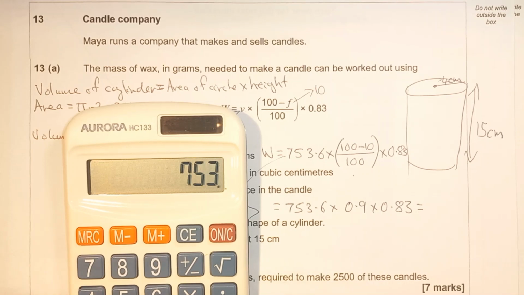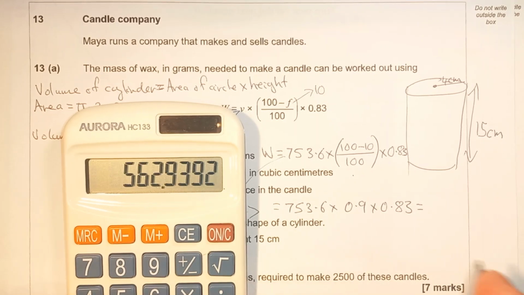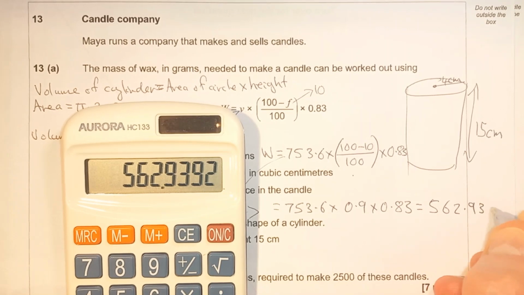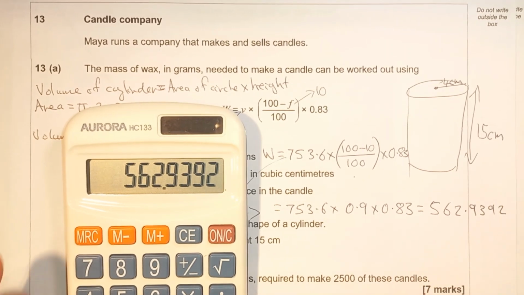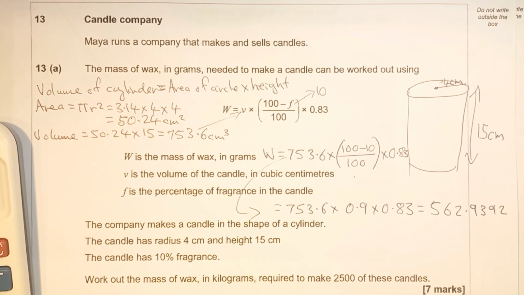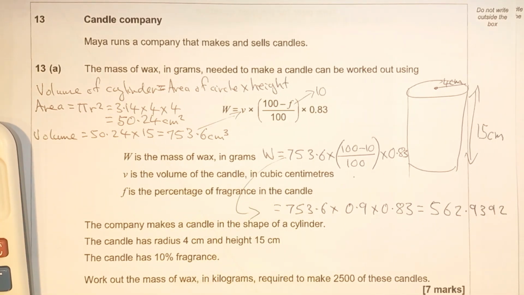So let's do 753.6 times 0.9 times 0.83, which gives us 562.9392. I'm going to keep all my decimal places for now. Don't want to do any rounding until I've finished that calculation. Okay, and this is the mass in grams, okay?